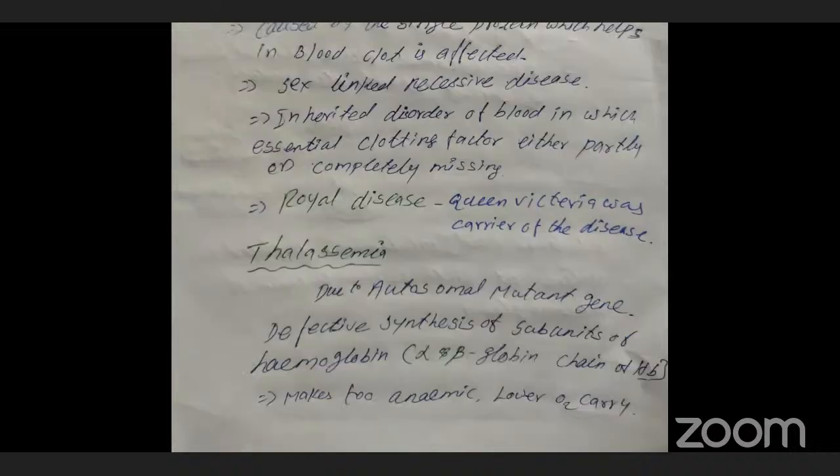Thalassemia is caused due to autosomal mutant genes.